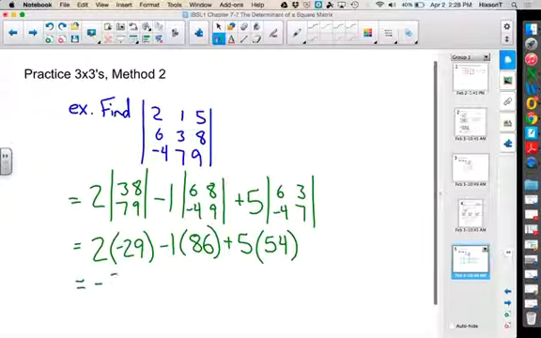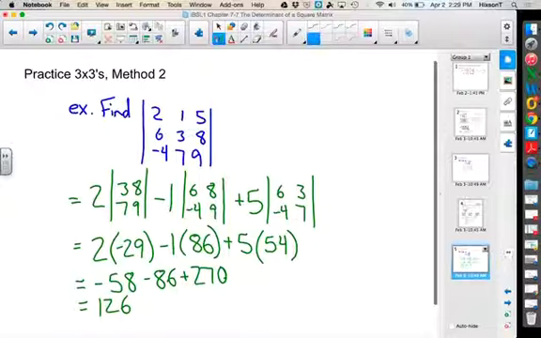So negative 58 minus 86 plus 270 should give us 126. Okay. That should have been the same answer we got the first time, with the first method you used on your own.